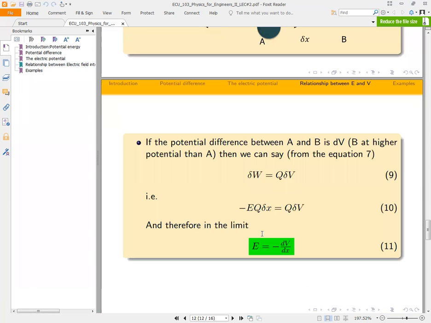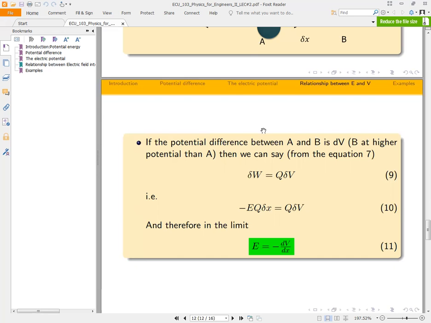So if the potential difference between A and B is dV, with B at a higher potential than A, then we say from equation number 7 that work is QV. Let me just scroll back to equation number 7 just to remind us.